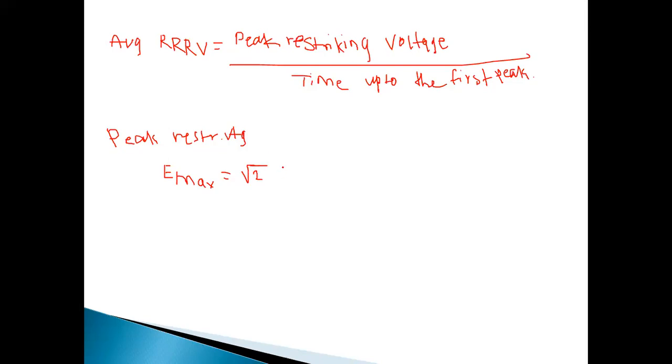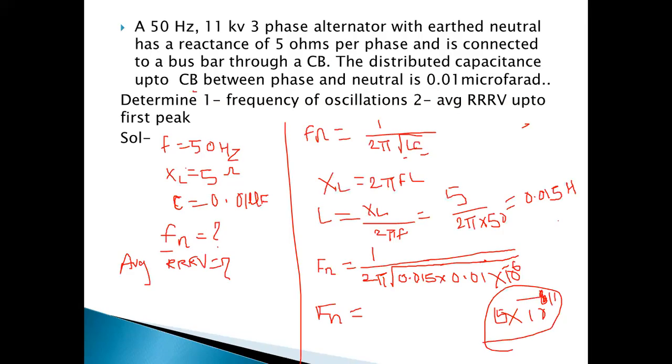Now, which voltage is first given? It is the phase, an 11 kV 3-phase alternator with a neutral. It means we have to consider the phase to neutral voltage.